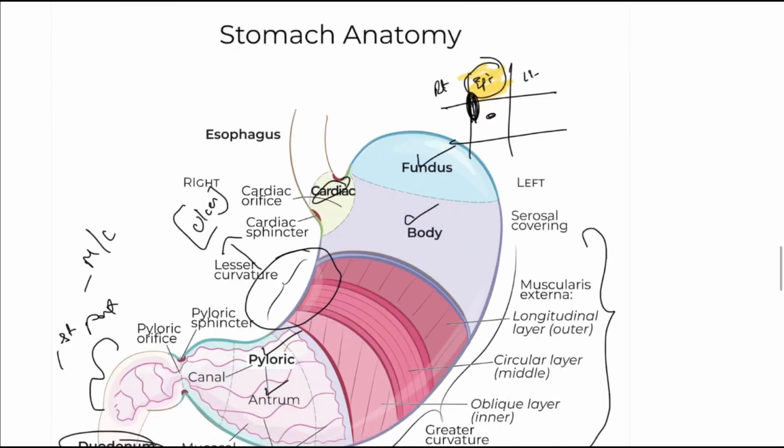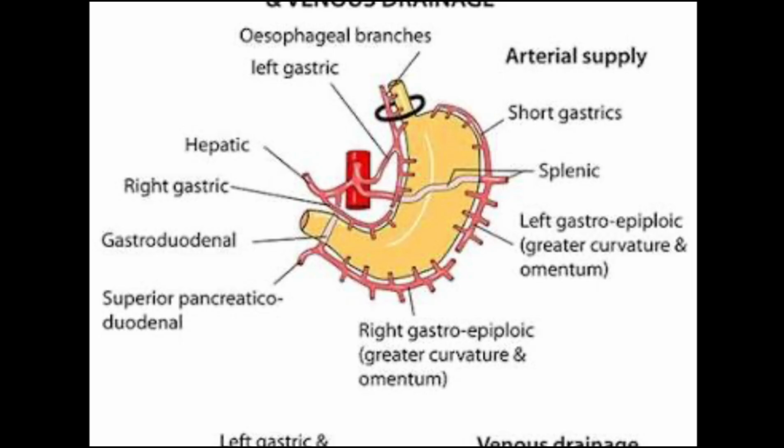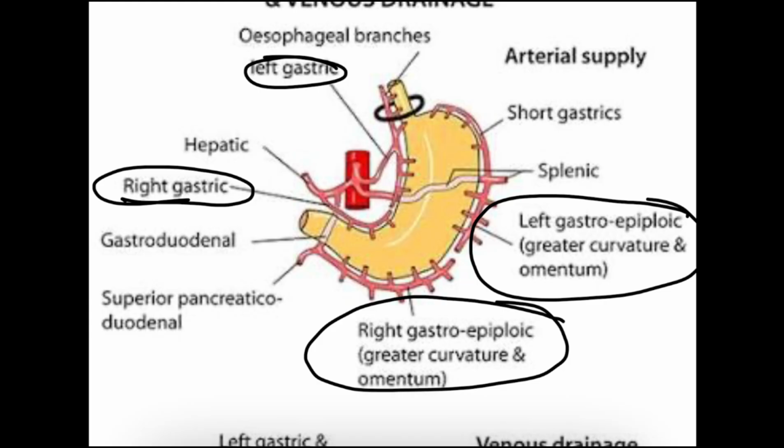Next, very important, the vasculature of the stomach. This is the blood supply you can see here. In the stomach, we can see the left gastric artery, along with the right gastric artery and the left and right gastroepiploic arteries. The right gastroepiploic artery provides circulation to the greater curvature and omentum.